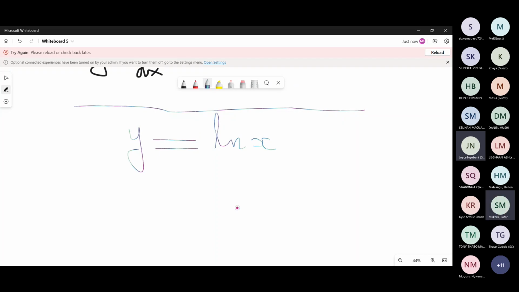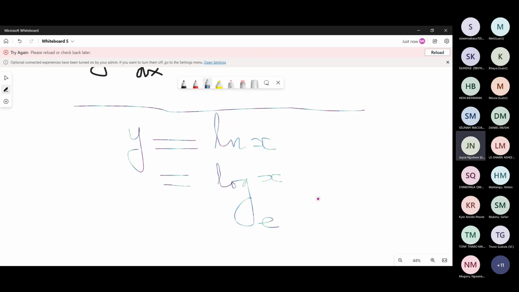Remember that by definition, this is the logarithm of x in which base? What is the base of this logarithm that we call ln? 10? Not 10. E, yes, E. When the base is e, this logarithm is called ln. It's the natural logarithm, ln of x.